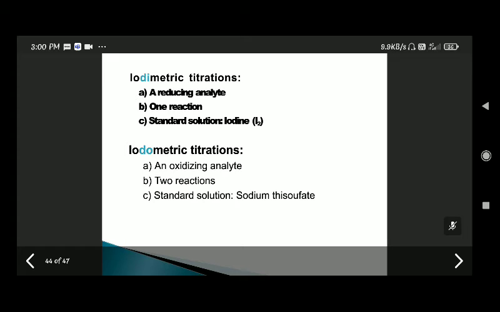redox titrations. The last time in acid-base titrations, I gave you the soft copy of quantitative Vogel. These redox titrations are also discussed there in detail, so from there you can write the theory of redox titrations.